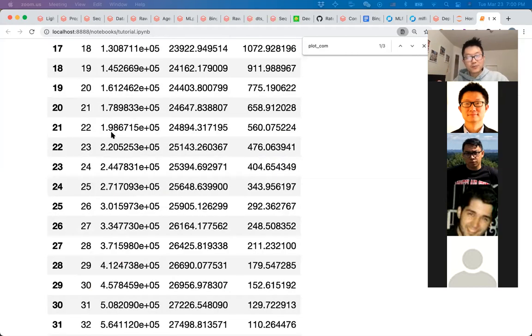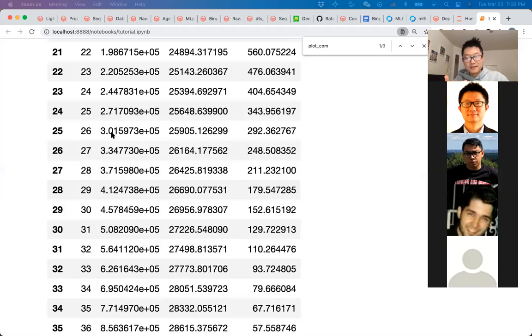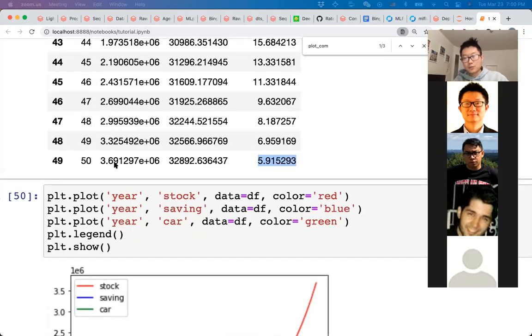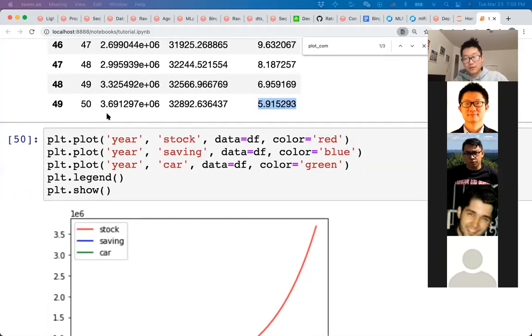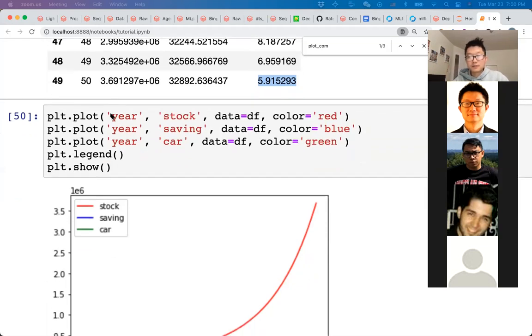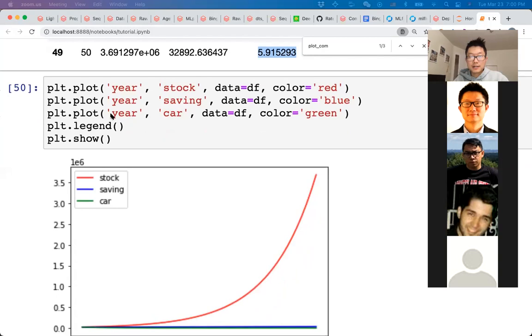If you manage your portfolio like me, then in your 70s you will be able to have $3.7 million, and that is your retirement fund. So you can easily retire with dignity. Think about it. I only learned this when I was around 30. So I hope I can teach you a little bit about this, so that you are smarter with your money and have a better life when you are older.